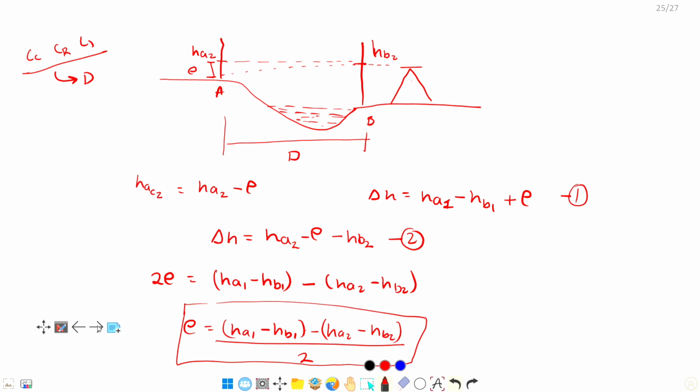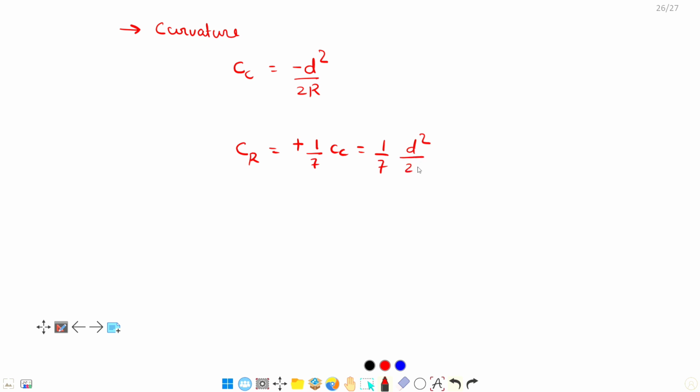So what we have seen in today's video is errors in leveling. First one is the curvature error, and the correction for curvature is CC and it is negative, that is d square upon 2r. Next one is our refraction correction. It is positive, that is 1 upon 7 times CC, that is 1 upon 7 times d square upon 2r.